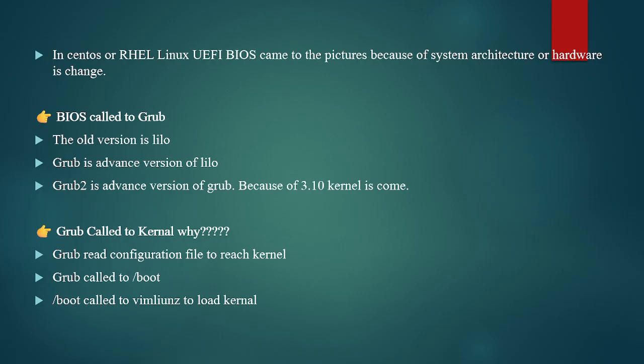This is the latest version of the RHEL operating system. The latest version of the operating system means the latest kernel is present. So, as per the kernel, the hardware has been changed.